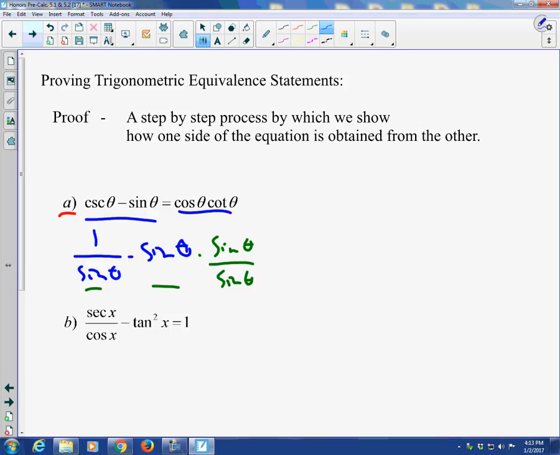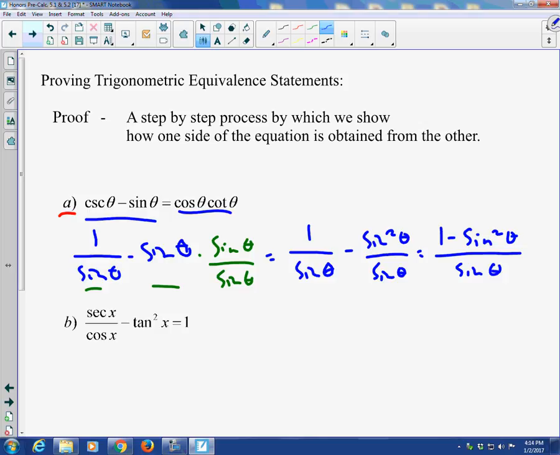And now I've got common denominators, right? I've got 1 over sine theta, and then minus sine squared theta over sine theta. And now I can bring these two terms together and make them one fraction, 1 minus sine squared theta over sine theta.